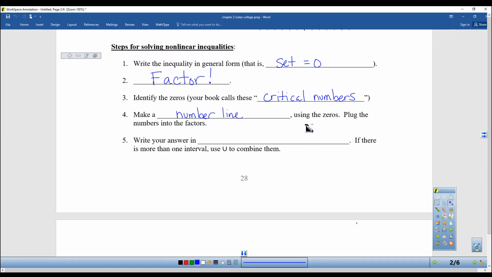I wrote using the zeros, marking the zeros, meaning the critical numbers. And then plug numbers into the factors in the different intervals. It's kind of obvious, but I'll write it down anyway. And then write your answer in interval notation. If there's more than one interval, make sure you use the U to combine them.